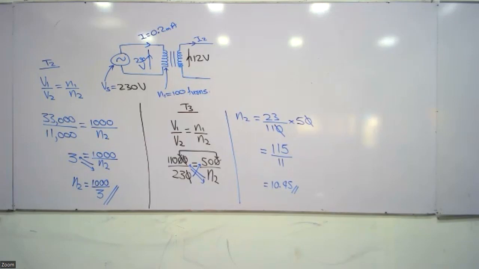Roman number 2. Find the output current of the transformer. Right, draw this figure here, the transformer figure.